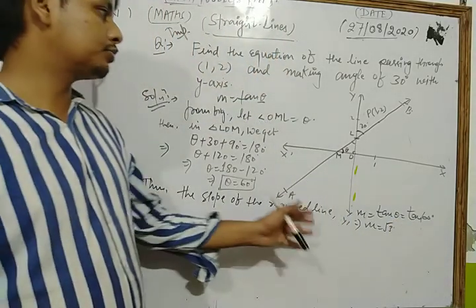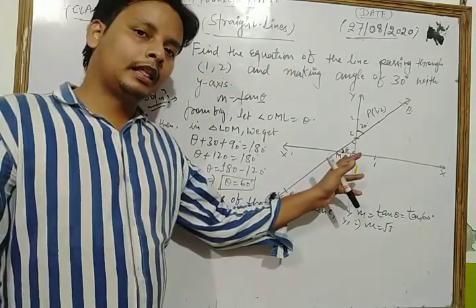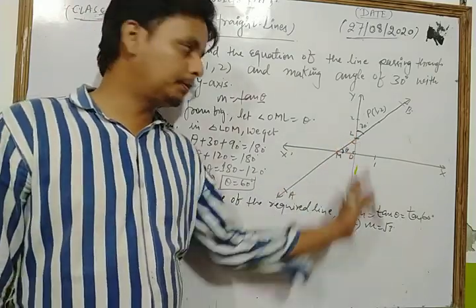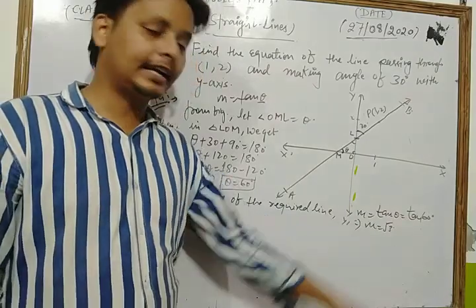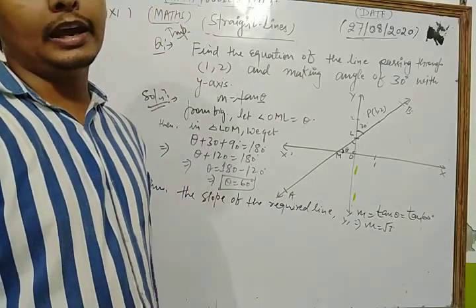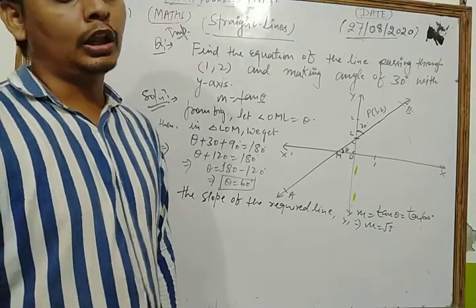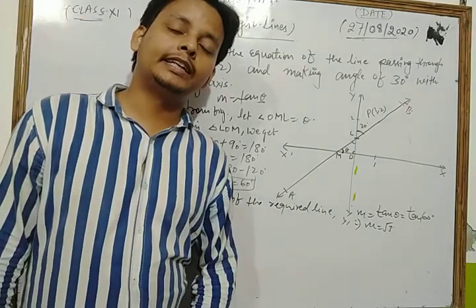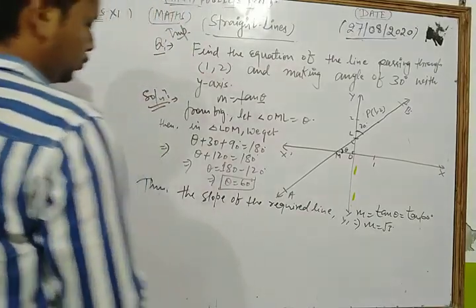So first of all, in this way, we find the angle made by this line with the positive direction of the x axis, and we get m equal to root 3. Now we apply the formula of the equation of a line in point slope form.